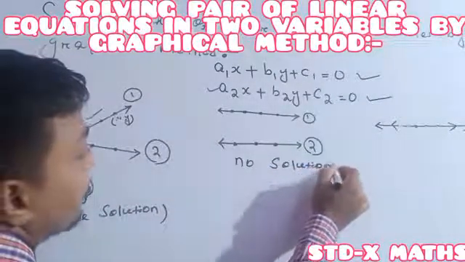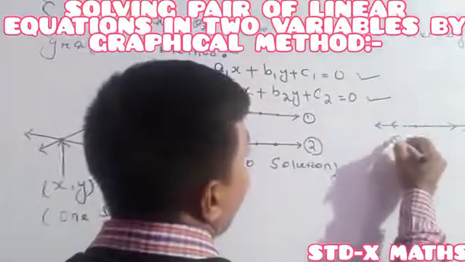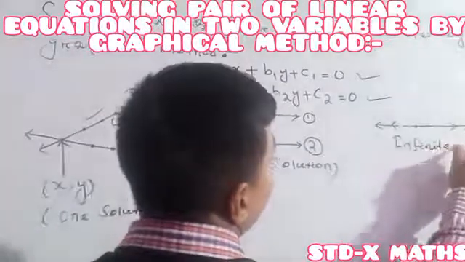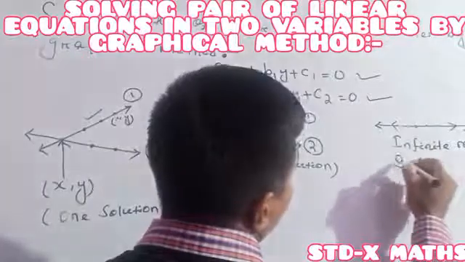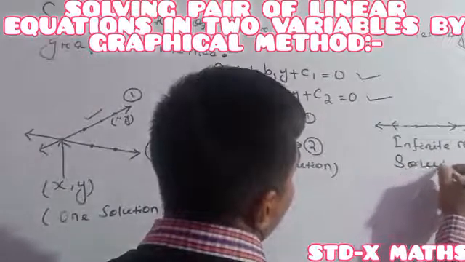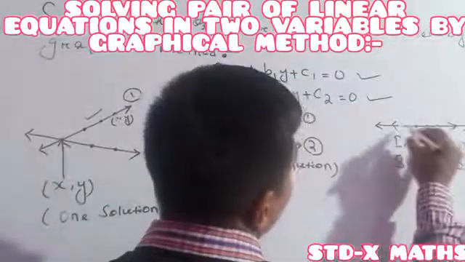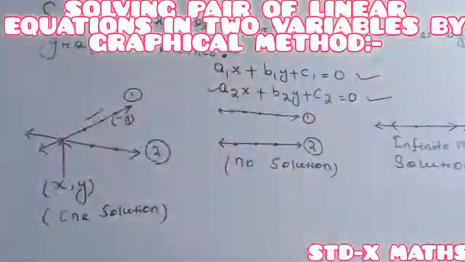Here it is no solution, and in this situation we will get infinitely many solutions. Why infinitely many solutions? Because infinitely many points are common between the two lines.